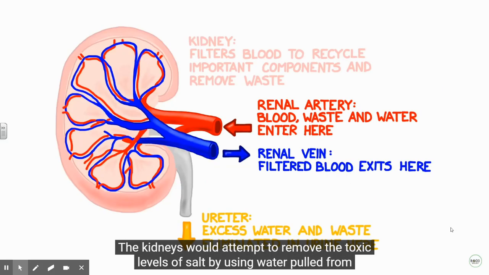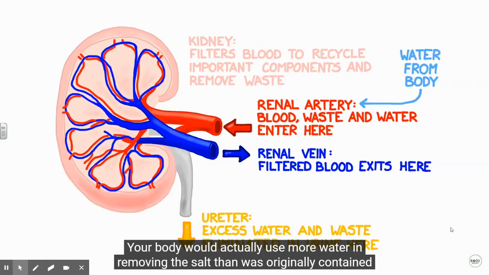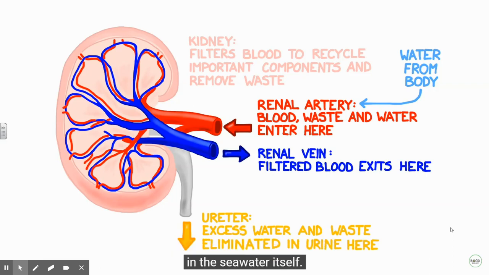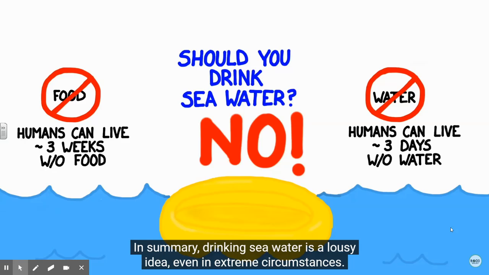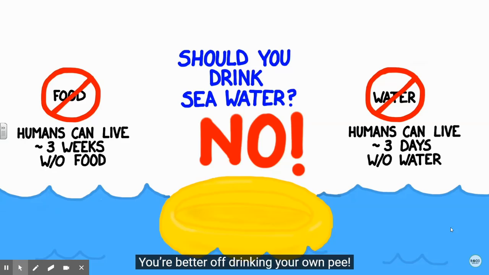Your kidneys would attempt to remove the toxic levels of salt by using water pulled from your cells. Your body would actually use more water in removing the salt than was originally contained in the seawater itself. In summary, drinking seawater is a lousy idea even in extreme circumstances. You're better off drinking your own pee.